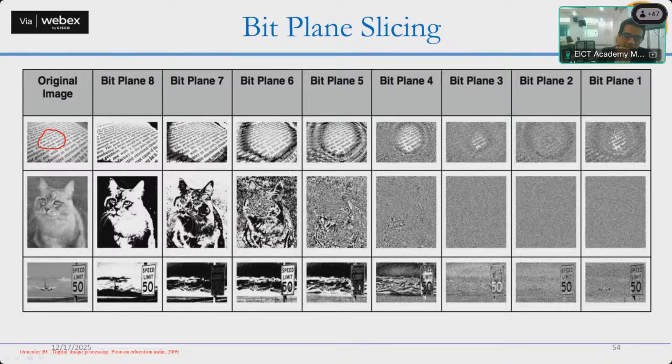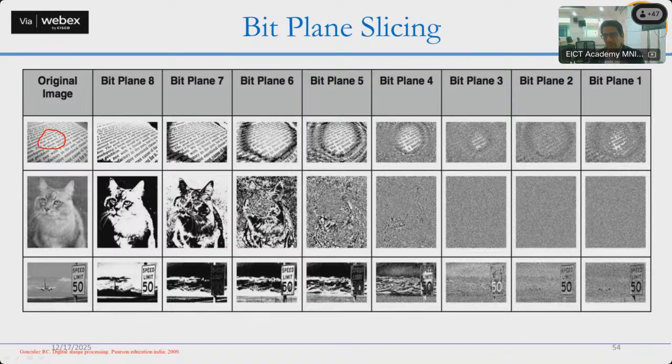The same way you can see the other images, for example, the cat here. In the cat, it is the most significant bit here, then the least significant bit. In the same way, for example, this airplane, which is basically landing. There also we can see the image.